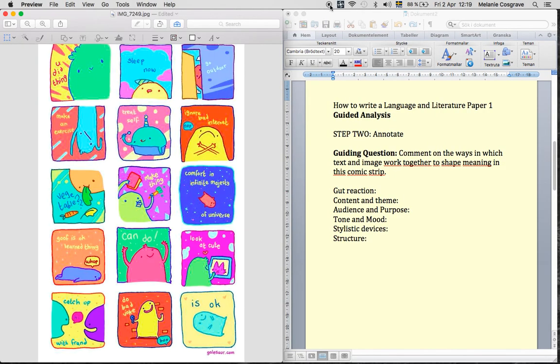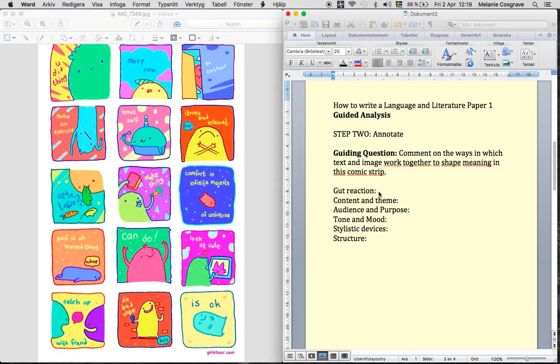So our guiding question was, comment on the ways in which text and image work together to shape meaning in this comic strip.